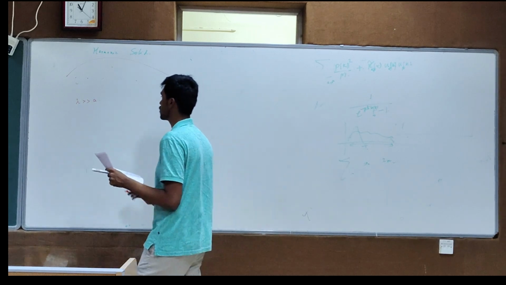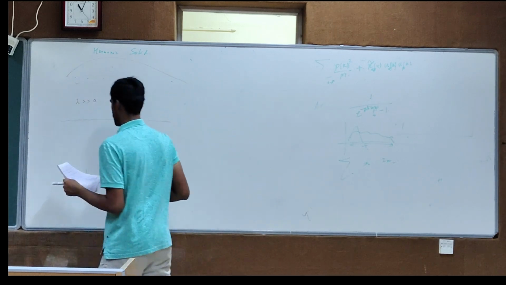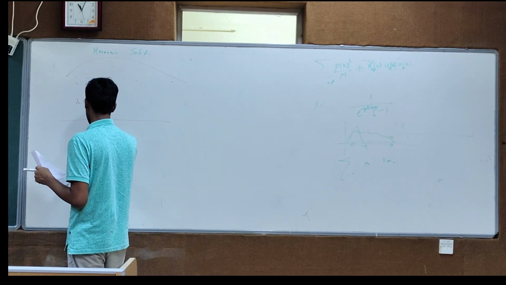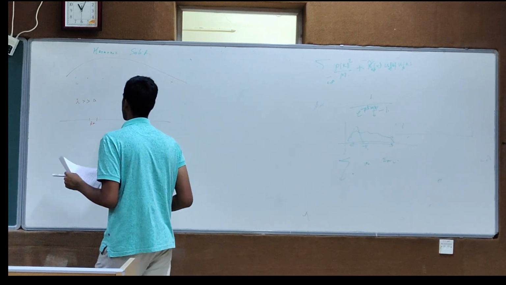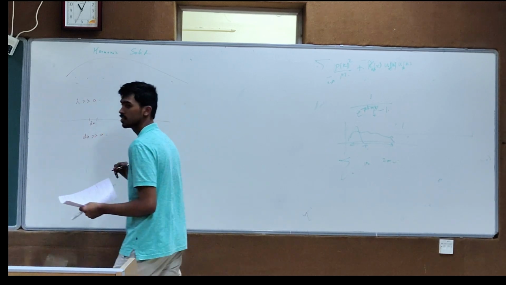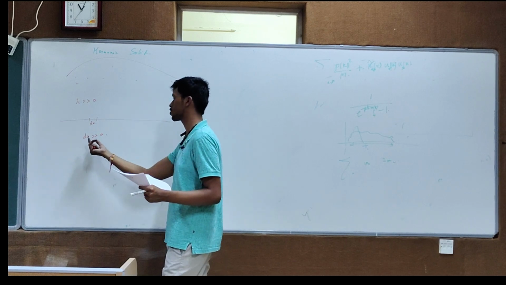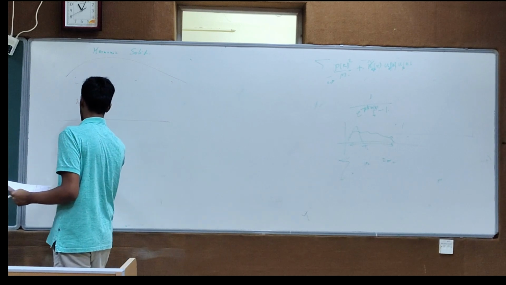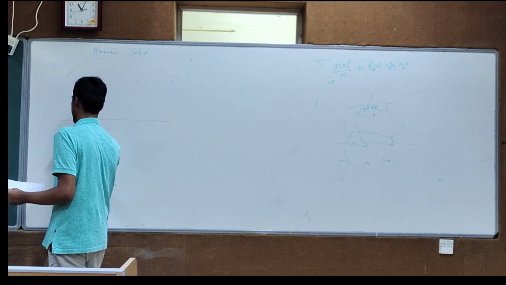Let us consider this chain of particles, and let us consider an element dx, and this dx is greater than a. It is macroscopic in comparison to the lattice size, but it is much smaller than the wavelength.